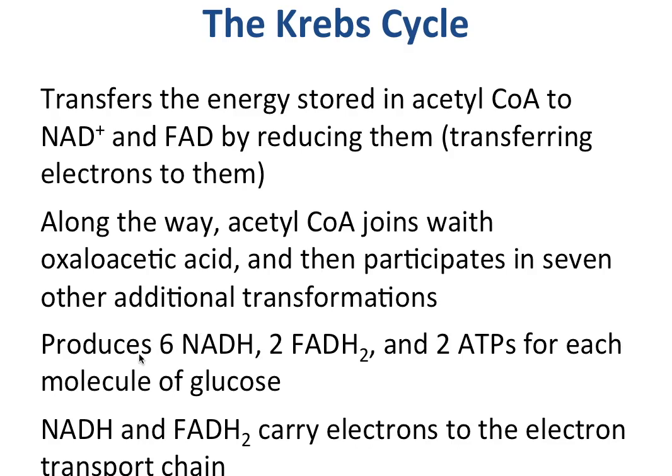So it can release a lot of electrons. Those electrons can be stored in NAD and FAD. So it can make 6 NAD and 2 FAD, okay, and 2 ATPs, okay. So NAD and FAD can carry the electrons to the electron transport chain, okay, to form the energy.